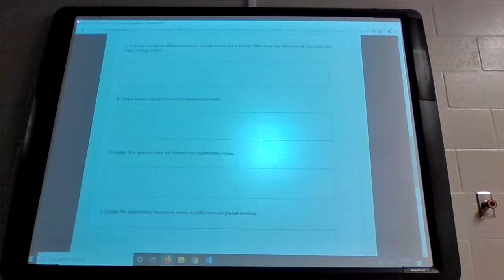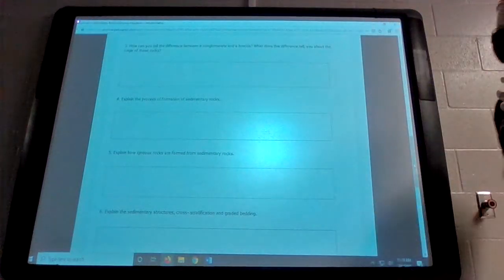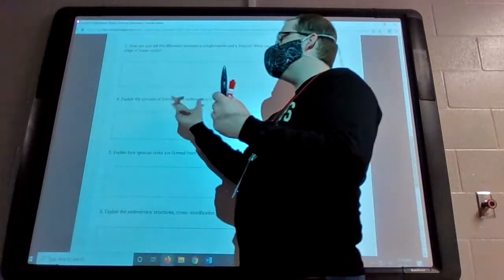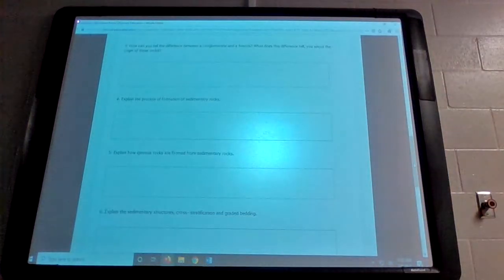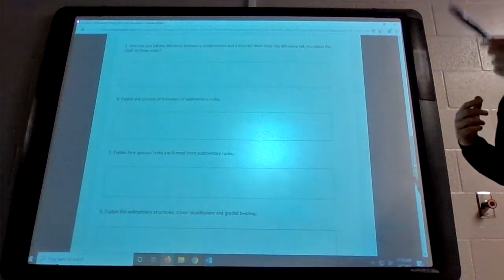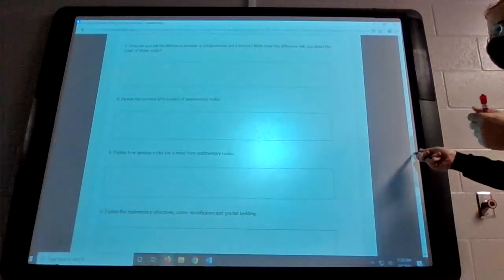Then some sort of water flows through with quartz or calcium carbonate, and it's going to glue all the little pieces of sand together. So now instead of loose sand, I have a sandstone, or sedimentary rock. That's your process of formation: weathering and erosion, deposition, compaction, and cementation.